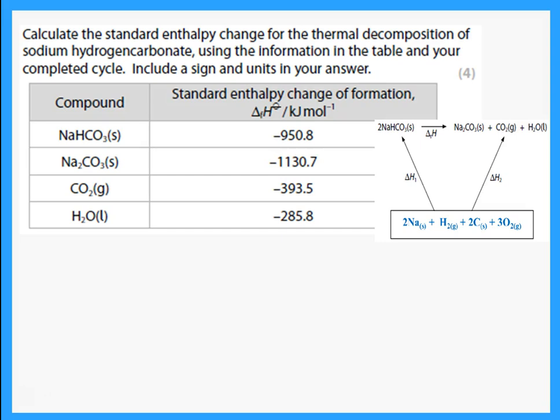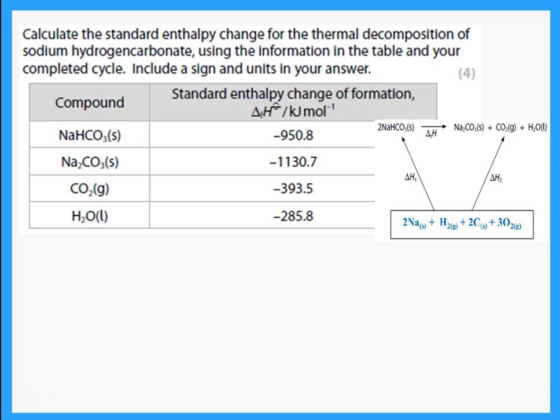First of all, we need to determine the 2 pathways that will lead from reactants to products that will have the same total enthalpy. So what are the 2 pathways that I have? If I start from the box that is down, 2 sodium plus H2 plus 2C plus 3O2, then I go to what?